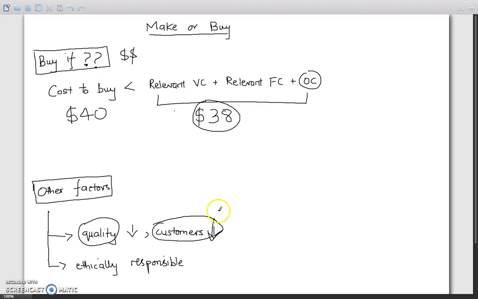So will that really affect your business if quality isn't that good? What do customers value? Do they value economical options, or do they value quality? So you're going to have to carry out market research and see what customers value more, and then you want to go with that.